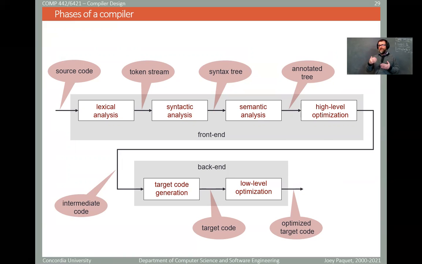You can use letters to represent them, but essentially I'm using words. So lexical analysis transforms a sequence of characters into a sequence of words. Essentially, these are called tokens. Okay, so it translates a series of characters into a series of tokens, a sequence of words.